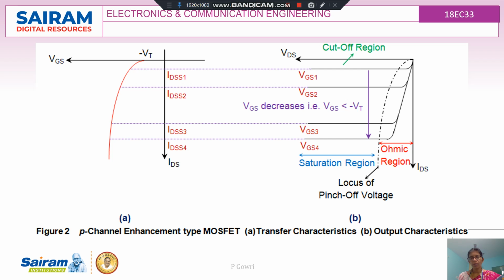So VGS should be less than minus VT for the channel to be formed, and my drain voltage will be negative in order to get my current. The operation is similar to that of the N channel; the only thing is that the voltage polarity changes.